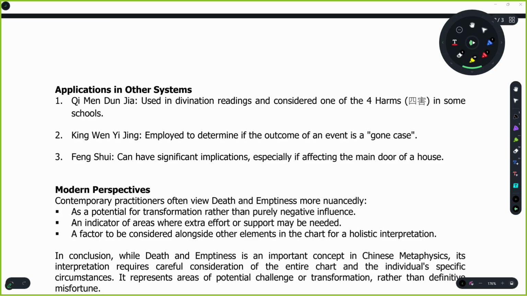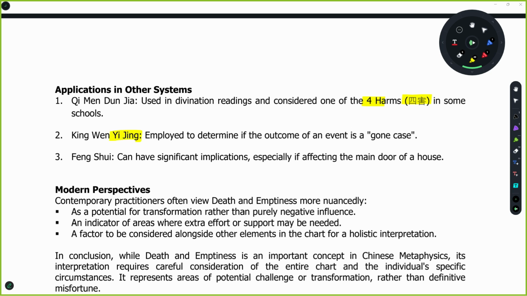Here we consider that this death and emptiness can also be found in Qi Men. And in Qi Men, drawing up death and emptiness is considered negative, one of the harms.